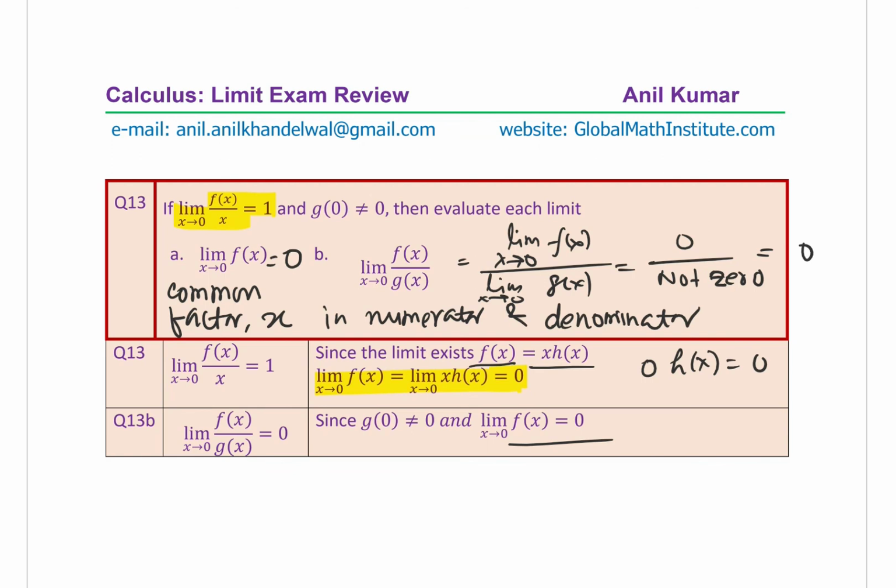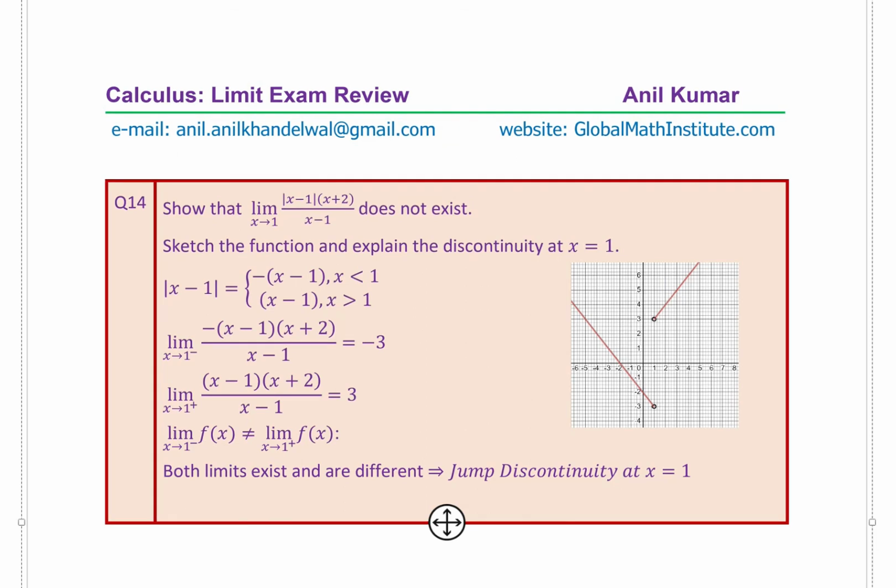Now let's look into the solution of question number 14. Question number 14 was, show that the limit of this function, absolute value of x minus 1 times x plus 2 divided by x minus 1, where x approaches 1 does not exist. So in this particular case, you have to write the absolute function as a piecewise function, correct?